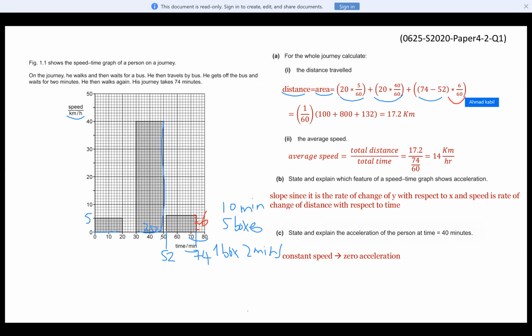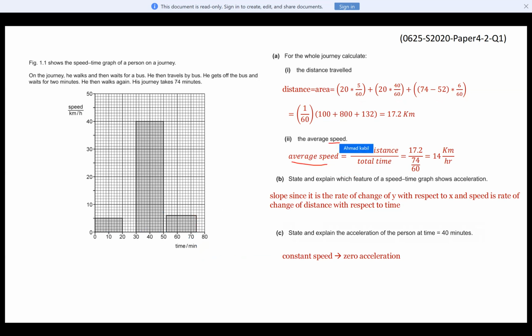So therefore, you get 100 plus 800 plus 132. This is 100. This is 800. And this is 132, all divided by 60, of course. If you add them up, you will get 17.2 kilometers. How would we get the average speed? The average speed is the total distance divided by the total time.